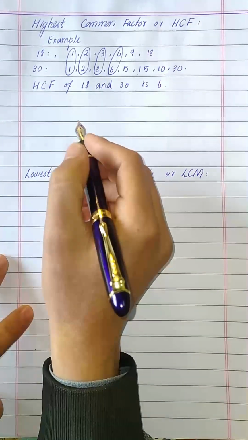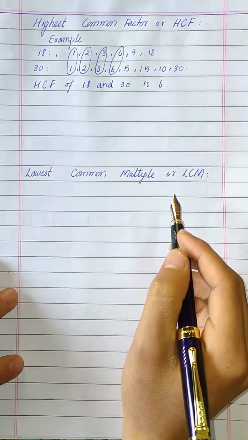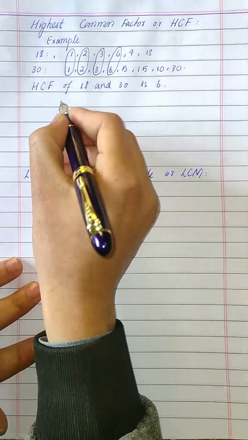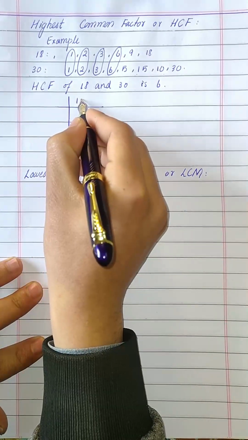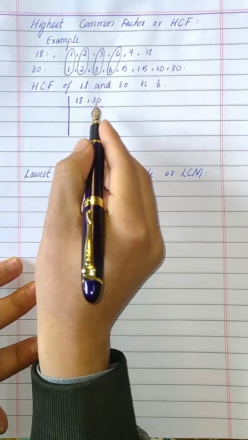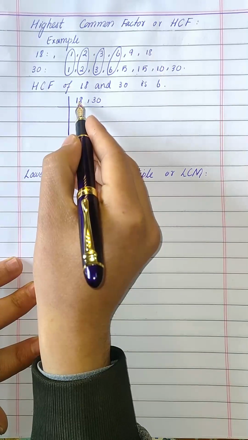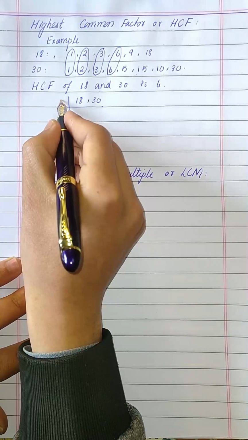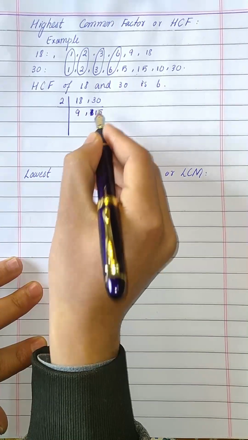We can also find the HCF of 18 and 30 with another method. We write the values 18 and 30 like this, and we have to divide both by the same prime factor. As we can see, 18 and 30 can be divided by 2, so 2 nines are 18 and 2 fifteens are 30.